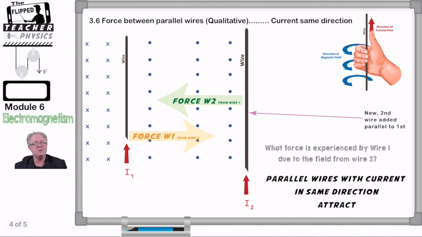Well, what about if we look at the force now from the other side of the coin? Let's now think, here's my wire, wire 2.